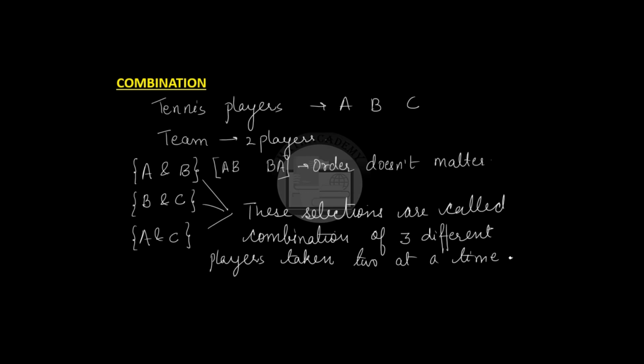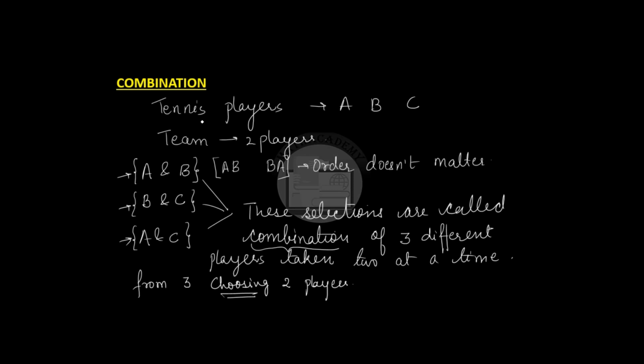We are trying to choose two players out of three different players. From three players, we are choosing two players. This is what we mean by combination. These are all the possible combinations of choosing a team of two players when we have three players available.